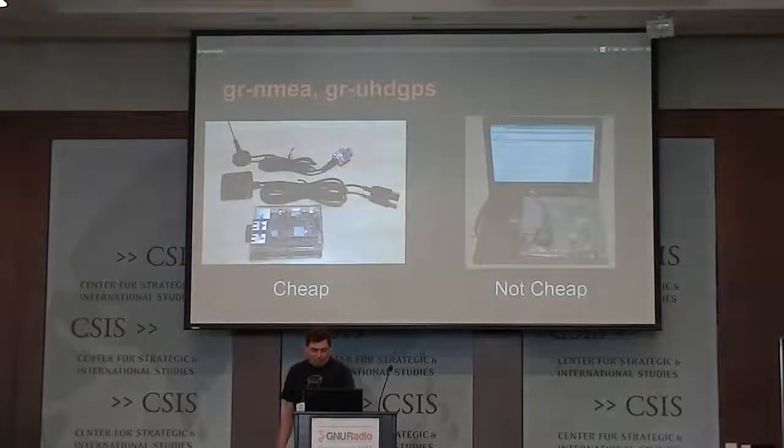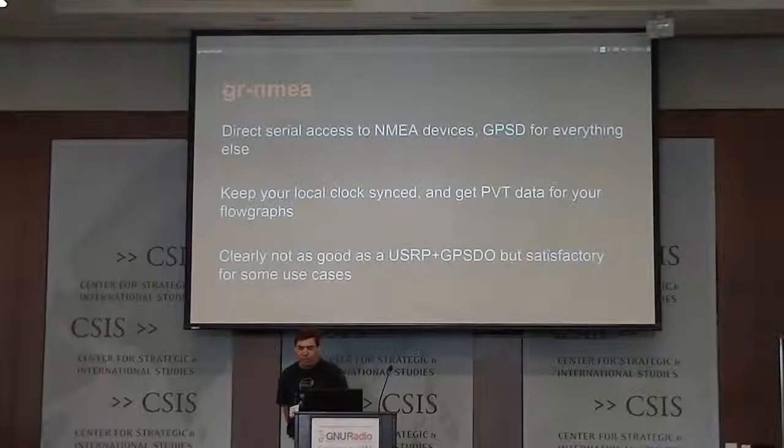But gr-nmea was just a little Python module to talk to serial NMEA GPS devices. If you have something other than that, you can use GPSD, and I know that's going to be supported because I have about 2 cubic feet of GPS receivers at home from my involvement with the GPSD project.